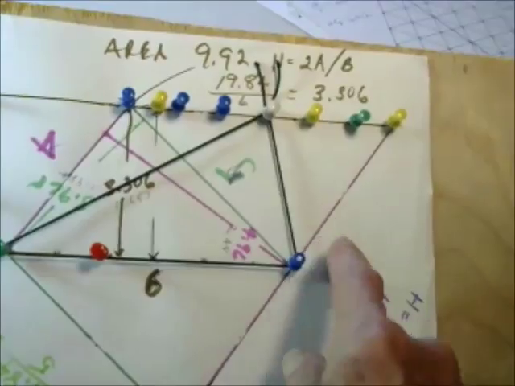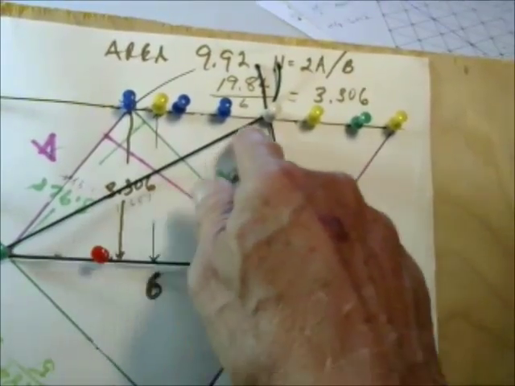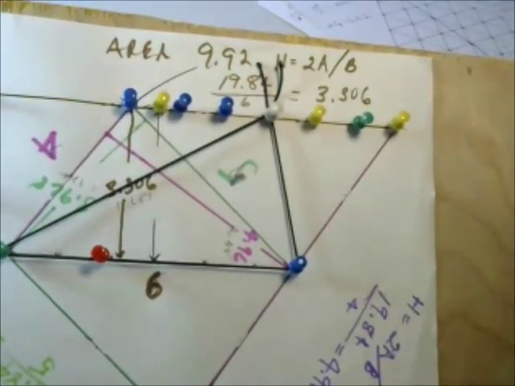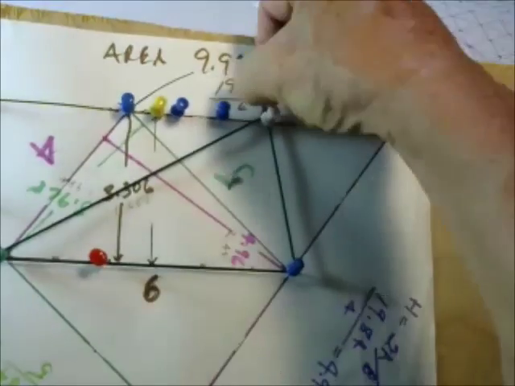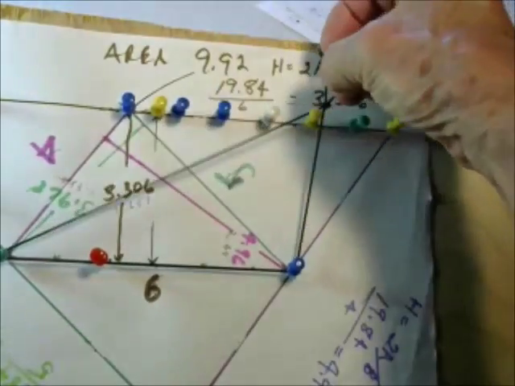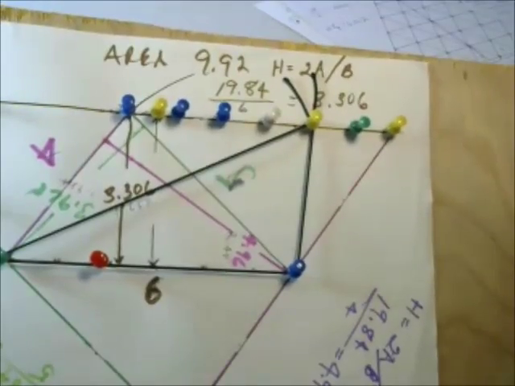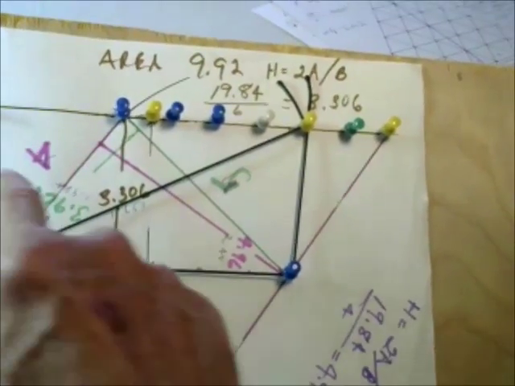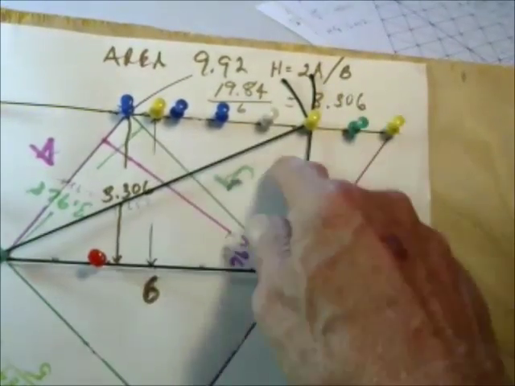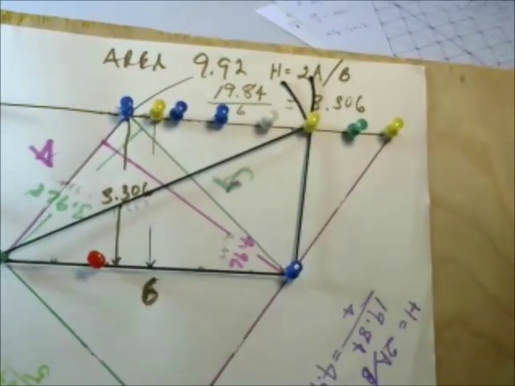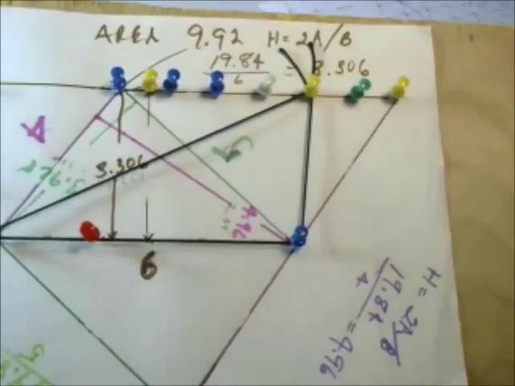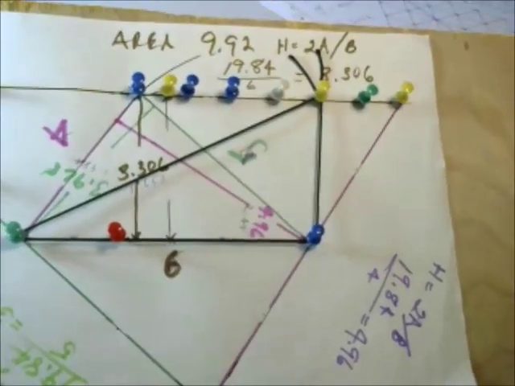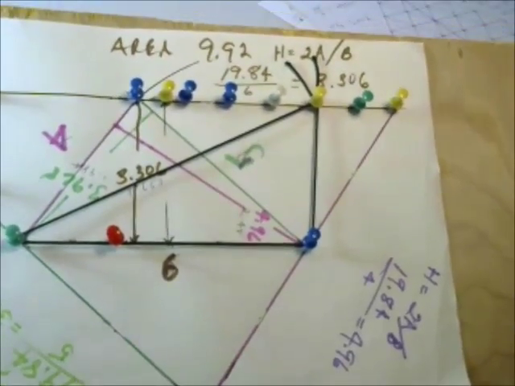We are not changing the base, but we are changing the relative length of those sides, and they change as we move this along. Once we stop, we can calculate what areas are left in here, and what areas are left in here. But we know this area is always the same, 9.92. So I just wanted to show you that, and we'll review with another video and with some other diagrams.